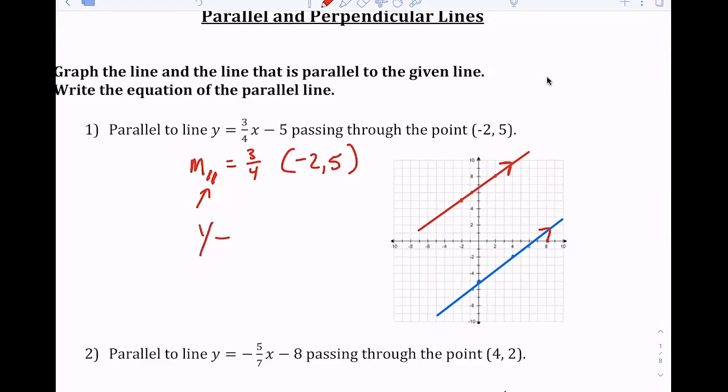Well, what's y1? 5. Equals 3/4 times x plus 2. How's it feel? Good. That's what I keep telling you. That's why I'm always yelling at you. Come on. You got this.